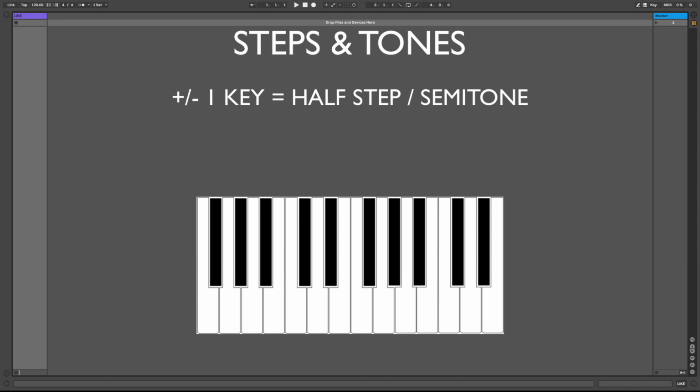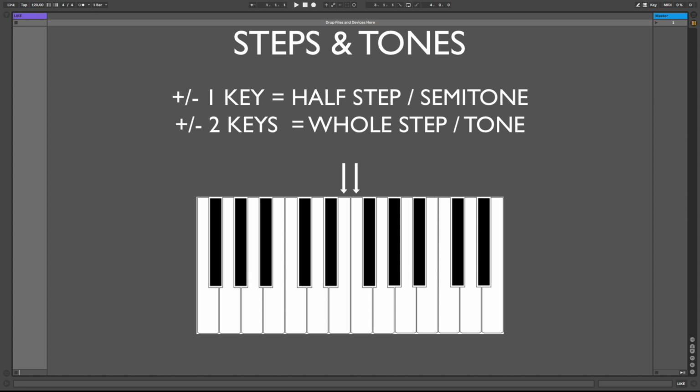Going up or down two keys is known as moving a whole step or a tone. So for example, if we go from this key to this key, we have moved up by one semitone. If we go from this key to this key, we have moved down by a tone or a whole step. This is going to be useful information for when we look at how scales are constructed.